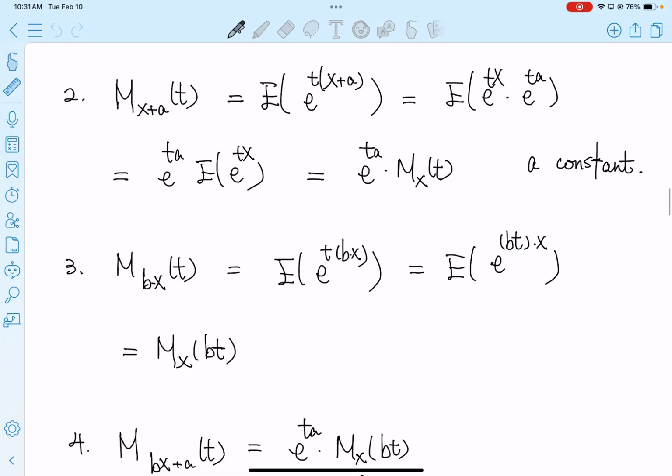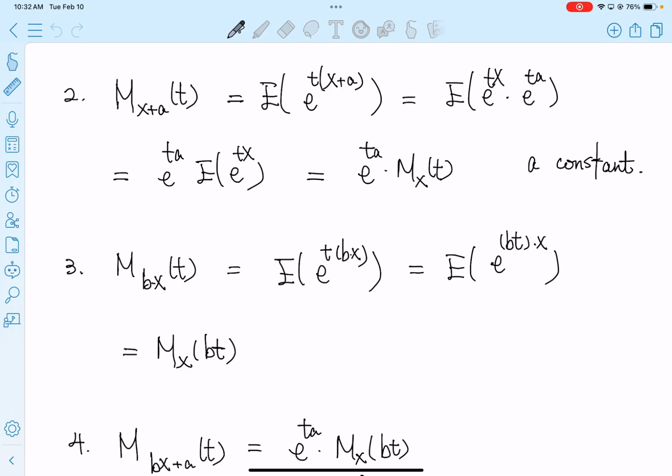This is property 3. We mentioned that if we scale a random variable by a factor of b, this is essentially the same as having the moment generating function for the random variable x, but you scale the input of this function by the factor of b. So in our example, b is a particular number, 1 over n, the factor that you take the average by dividing by your sample size n.